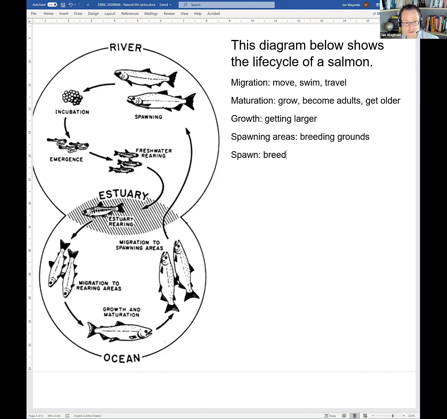Let's put the first two stages together, river, and then a little bit about the estuary at the end of the first body paragraph. So we need an intro with a general overview. Then we need one paragraph that covers incubation up to estuary, and then another paragraph that covers from migration to rearing areas up to spawning. I'll give each of you time to write one of these paragraphs.